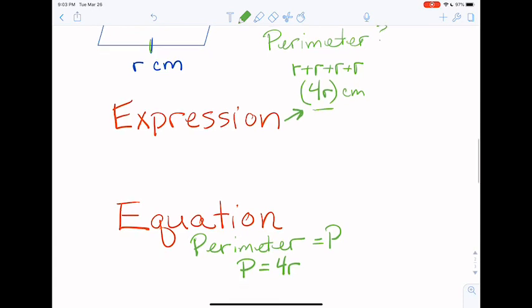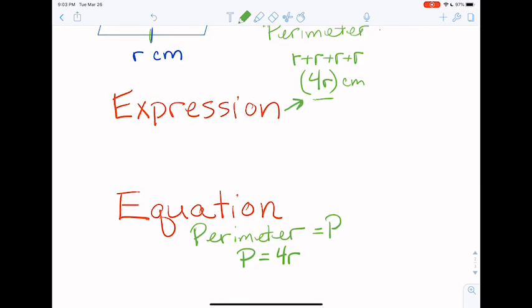So in our equation, we have our independent variable, that's each side, and then we have our dependent variable, which is dependent on our independent variable.